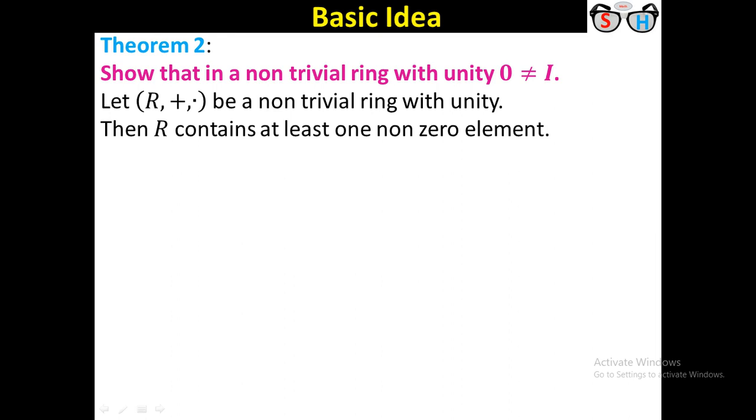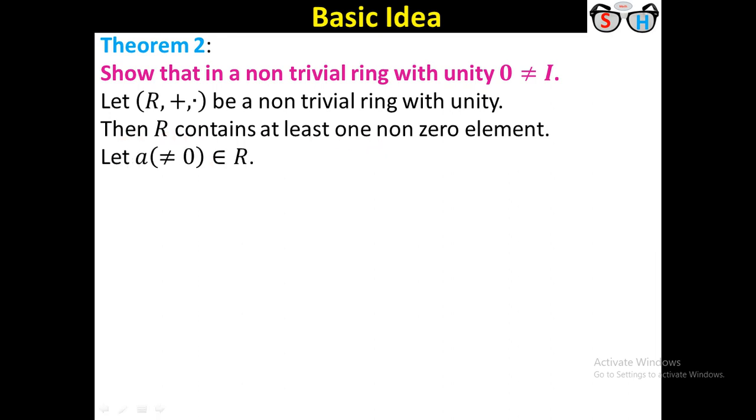Non-trivial means R is not equal to the singleton set {0}. Since it is a group, it is non-empty, and 0 is already in that set because R is a ring, so R has some elements other than 0. So write: R contains at least one non-zero element.